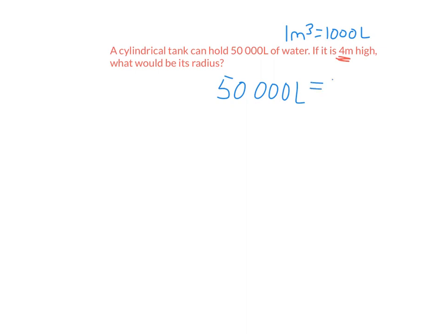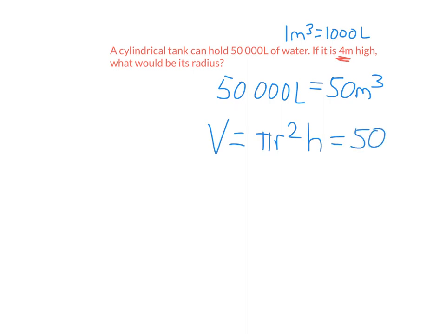So 50,000 liters is going to be 50 meters cubed. Remember, the volume of a cylinder is area of the base, being a circle, times the perpendicular height. So therefore, pi r squared h must equal 50.